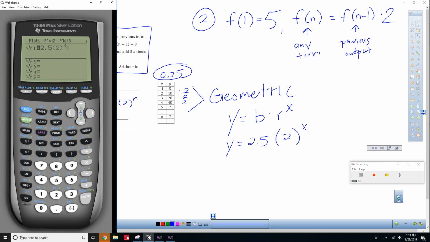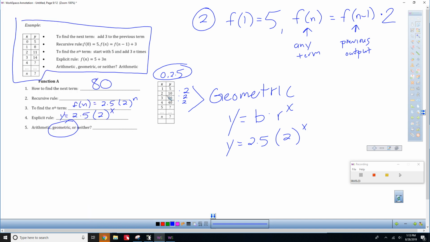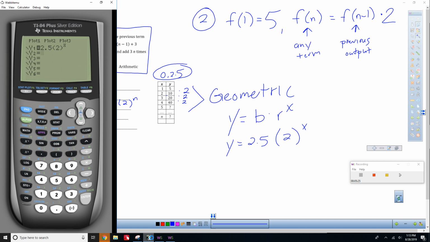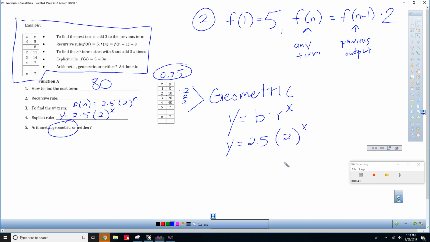Enter. Now I want to see the table. How does this table compare to my table? So I got to hit second graph. Holy moly. There we go. Look, our tables are exactly the same. So again, your graphing calculator is a great way to check yourself on this.